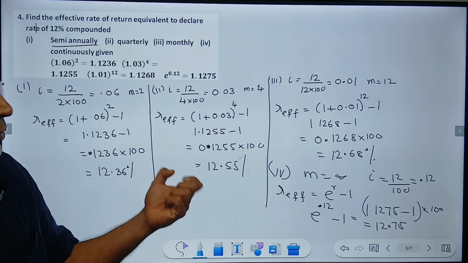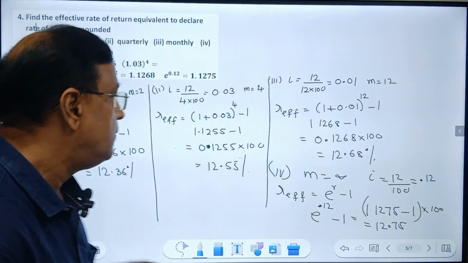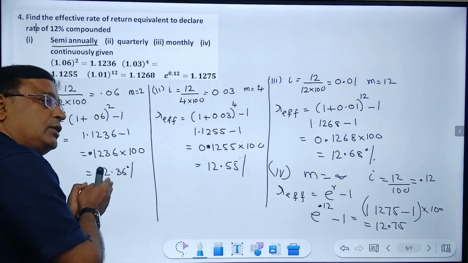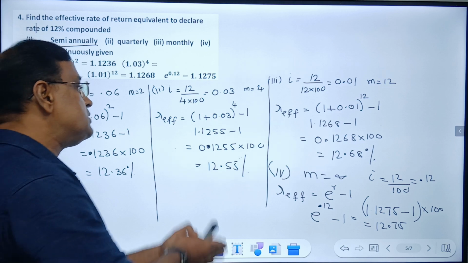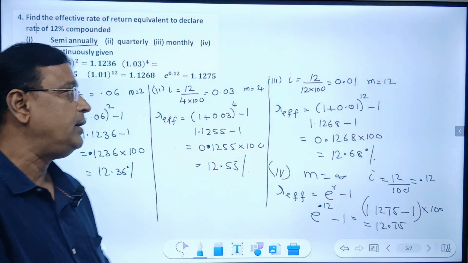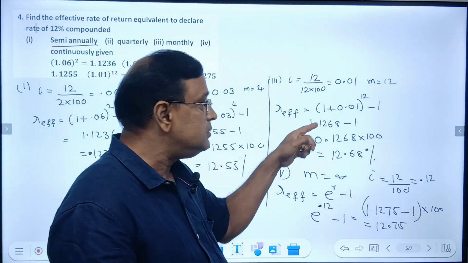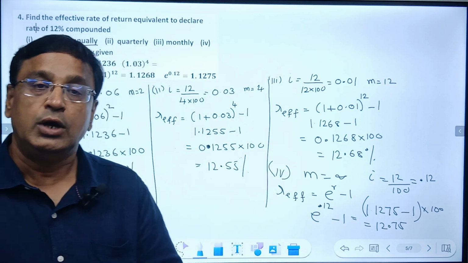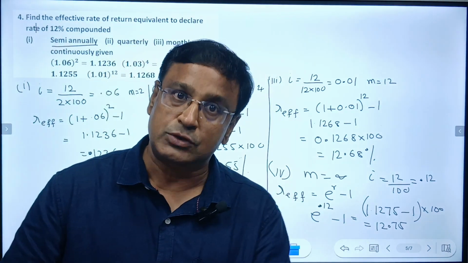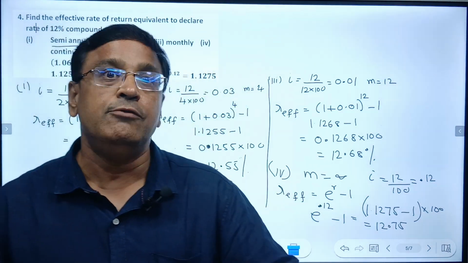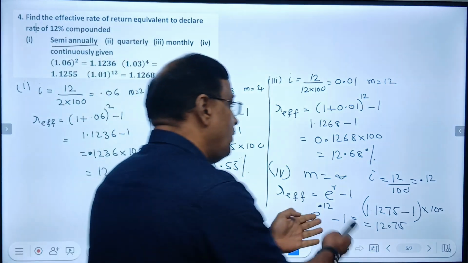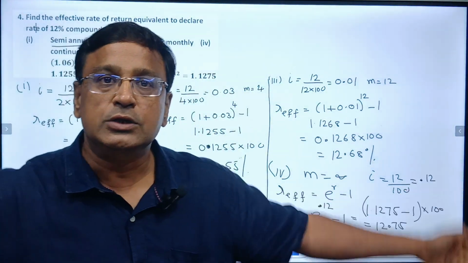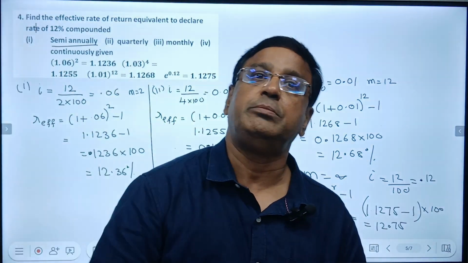So what I want you to also understand is, when it is semi-annually, it is 12.36. When it is quarterly, it is 12.55. When it is monthly, it is 12.68. If I pay infinite times, it doesn't mean that the value is going to become very large. It's not that it's going to become 30% or 40%.